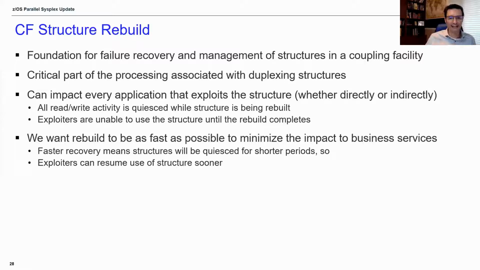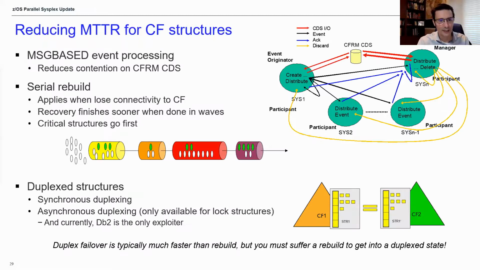While that quiescing is taking place, applications that need access to that structure are not running. So we want the rebuild to be as fast as possible to minimize this disruption, because while the rebuild is taking place, that structure can't be used. We want the rebuild to complete so that applications can resume usage of that structure quicker.